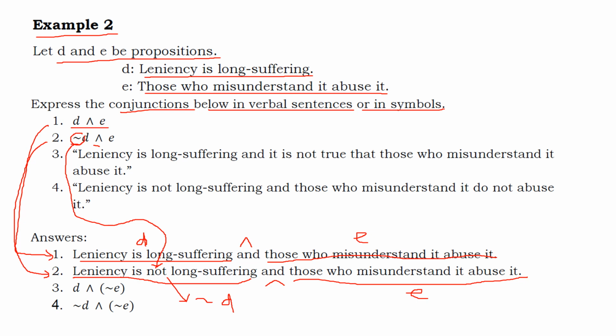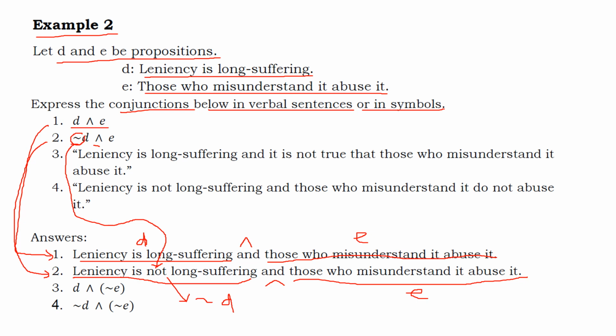That's why we put "not" here to represent the negation, because we can use two or more logical connectors in one statement. That's why we just need to know how to use these logical connectors appropriately and input those logical connectors.